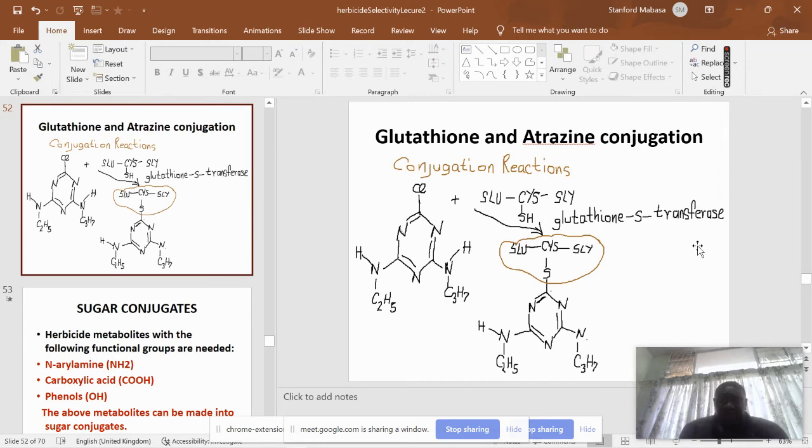In fact, maize uses glutathione to detoxify atrazine very fast. That's why maize is not going to be affected by atrazine. But sometimes we have maize inbred lines with less glutathione, which can get affected by atrazine.